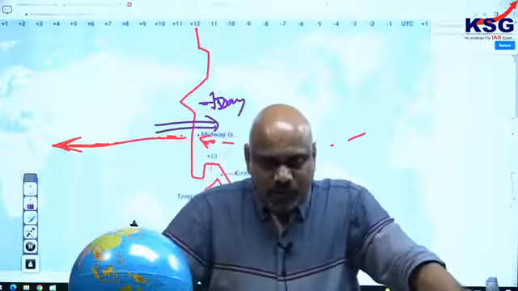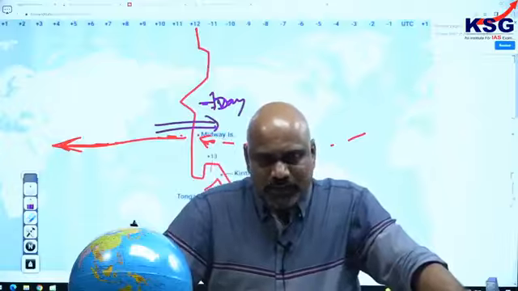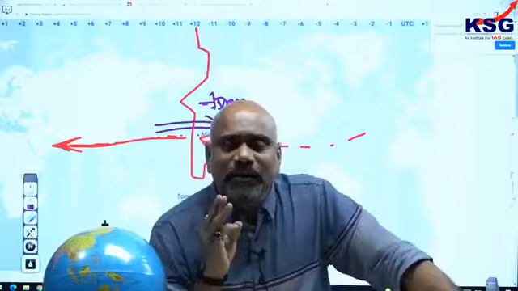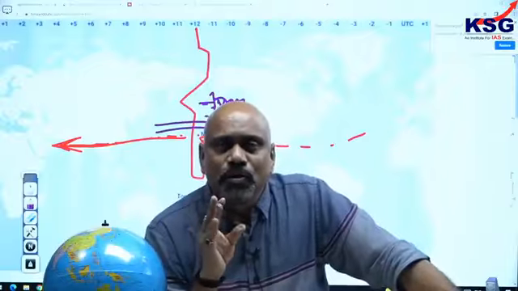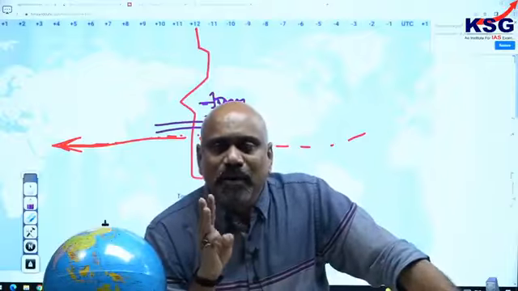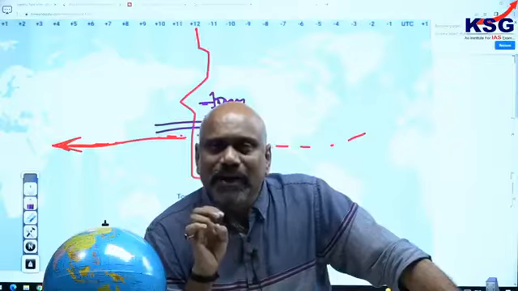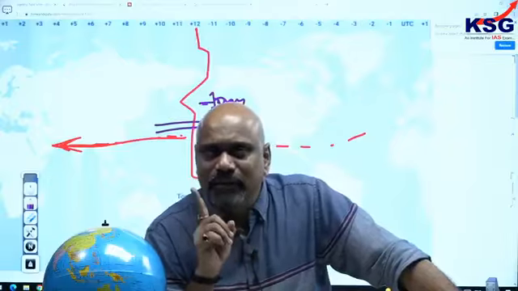Very simple thing. Why is the asthenosphere a low velocity zone? Because the asthenosphere is a gel-like layer. Neither is it solid nor liquid. You know that S waves pass through only solids. So because it is semi-solid, the S wave travels very slowly. That's the first thing.